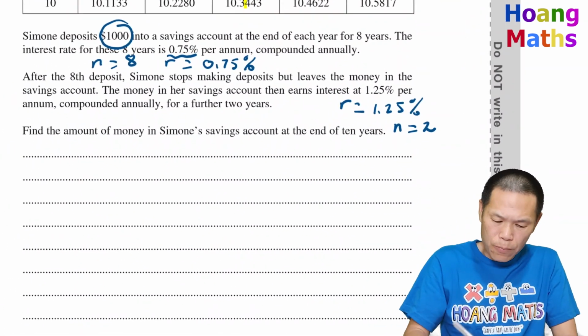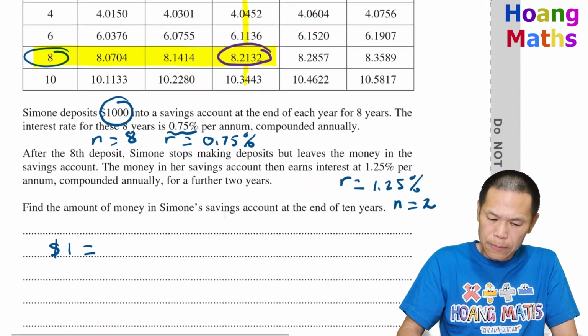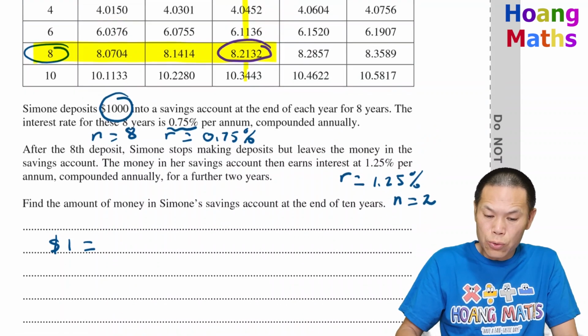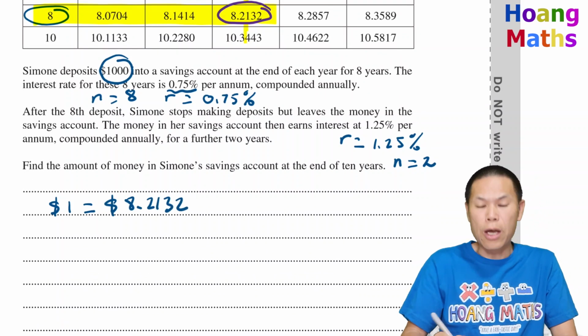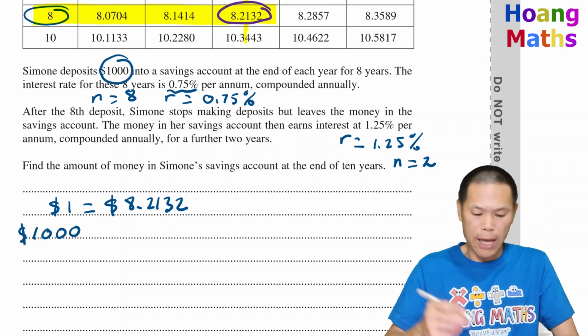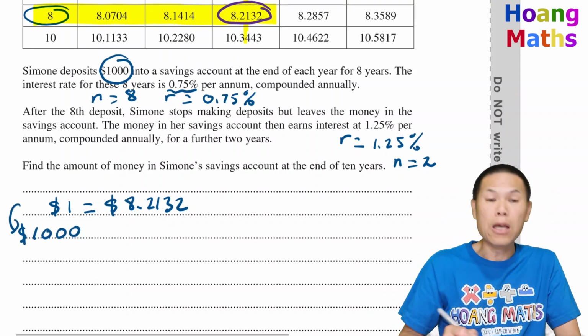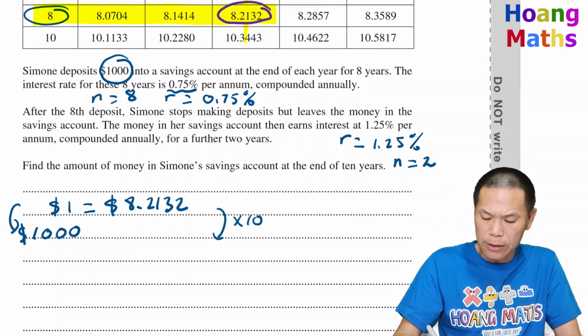First of all, we know that the annuity of $1 is 8.2132. But Simon's deposit is 1,000 instead of $1. So we just times by 1,000, because from here to here we times 1,000. So this must times by 1,000.